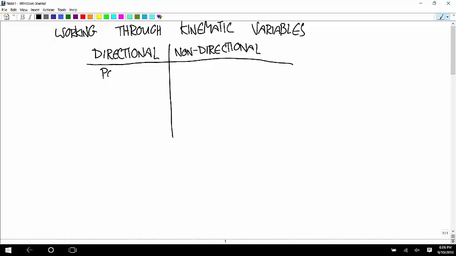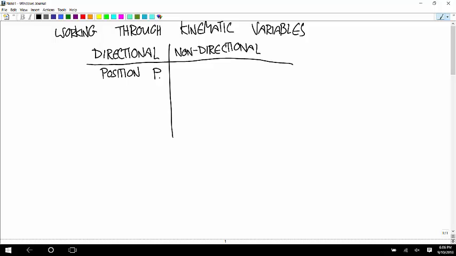So the first thing we talked about is the position. We went through the definition of position last time, Wednesday. That has a direction associated with it because position can be positive or negative.